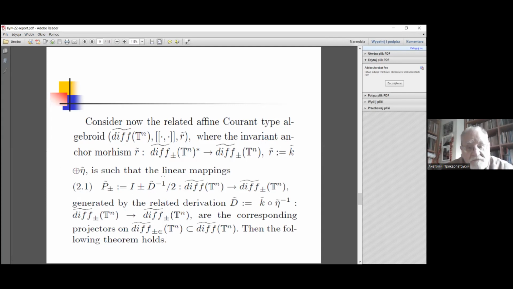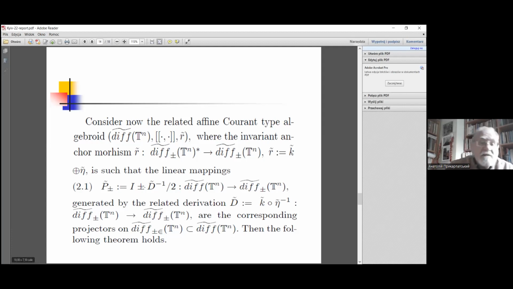If we construct these two operators, two linear mappings from the Lie algebra of vector fields on the torus to itself, to its component, we can check that these two parts are projectors exactly on the part of diffeomorphism vector fields analytical inside and on the component analytical outside of the disk on the complex plane.